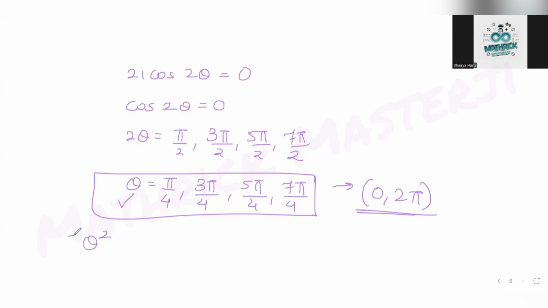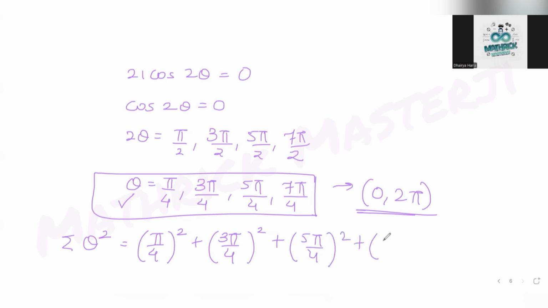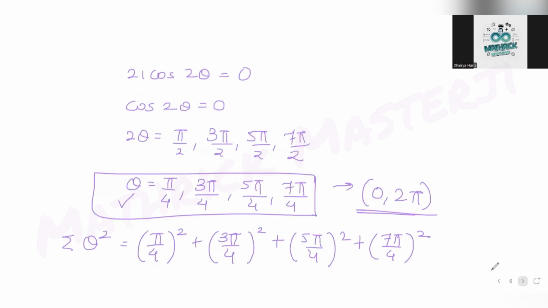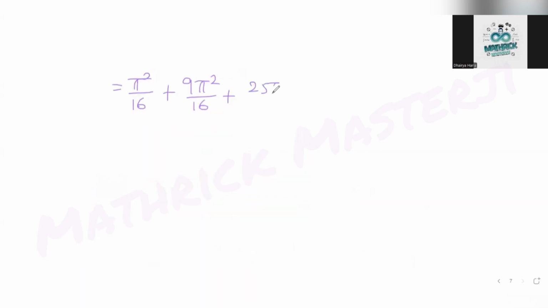So summation of theta squared: pi over 4 squared, 3 pi over 4 squared, 5 pi over 4 squared, and 7 pi over 4 squared. That whole thing gives me pi squared over 16, 9 pi squared over 16, 5 pi gives you 25, so 25 pi squared over 16, and 49 pi squared over 16.